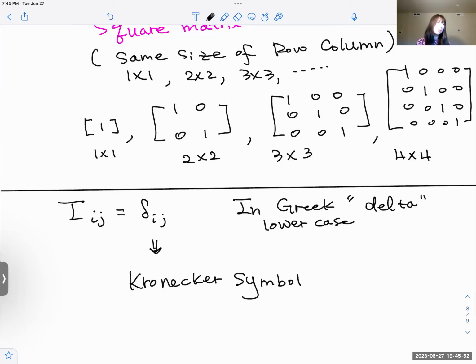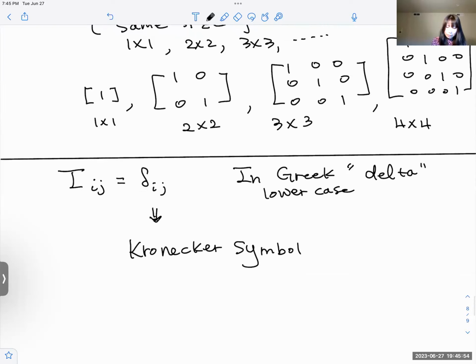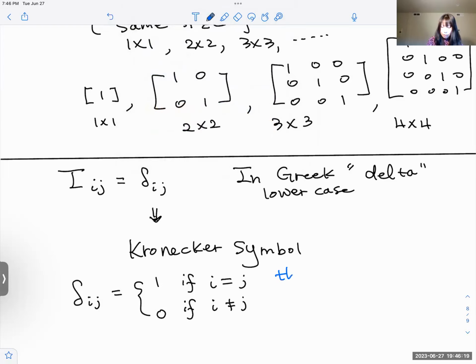Okay, what does it do? Delta sub ij equals 1 or 0. It is 1 when i and j are the same, and 0 if i and j are not the same. So we can say that delta 2, 2, they are the same, which is 1.